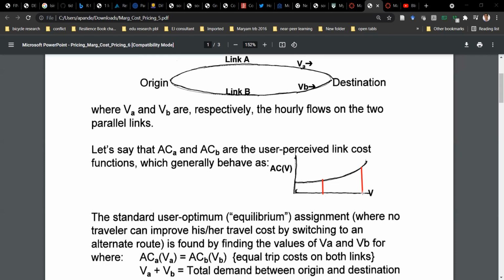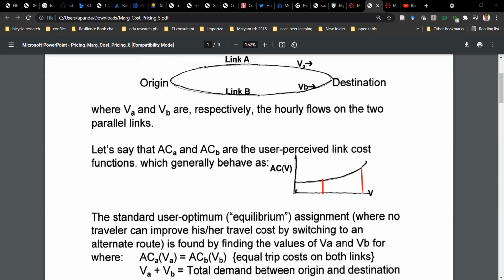And then in CE 321, our fundamentals of transportation engineering class, we also learned the user equilibrium principle, where we minimized the average cost, because the idea is that every user will try to minimize their travel cost, right?